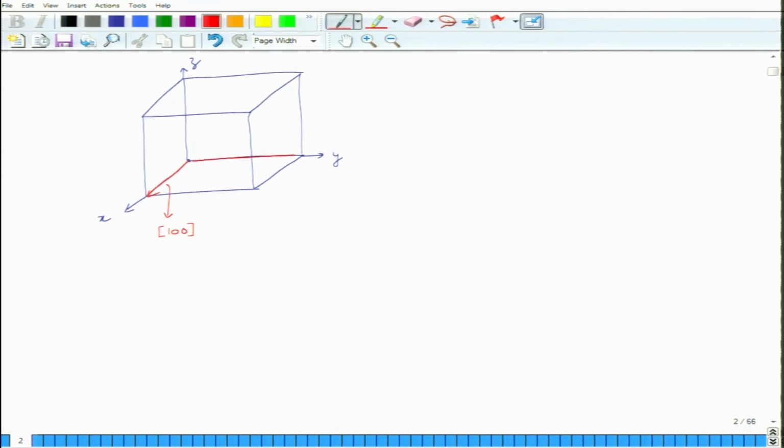This is 0 1 0, and this is 0 0 1. What is this direction passing between these two? This is 1 1 1, because it's one of this, one of that, and one of that.